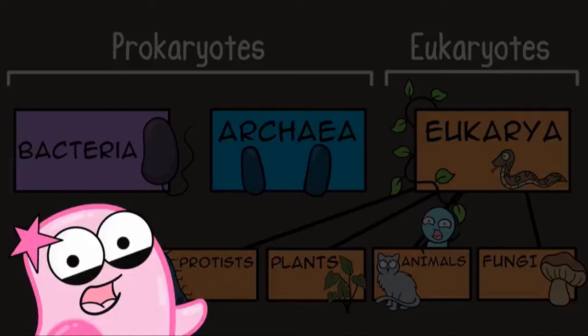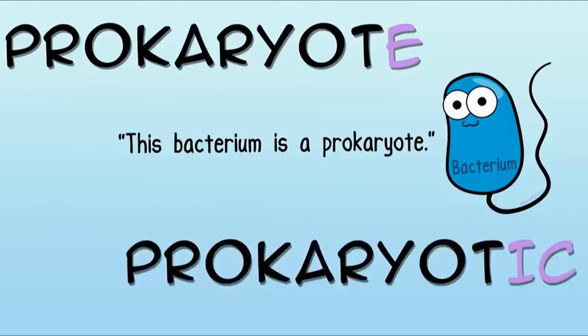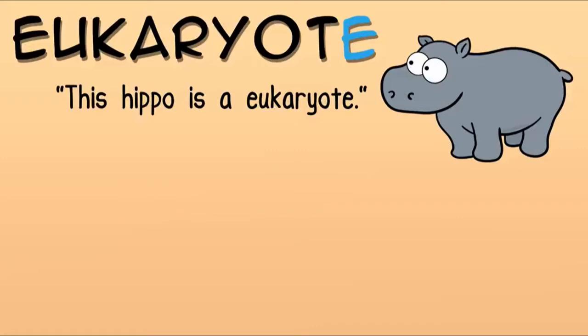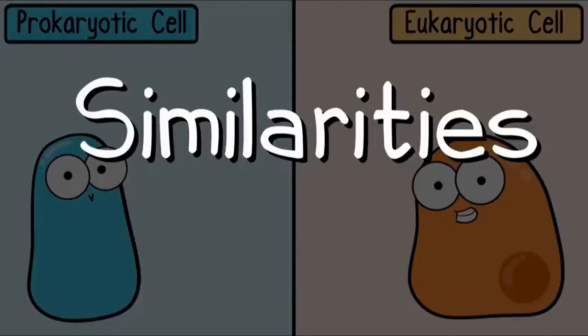By the way, just to clarify, the word prokaryote is typically used to refer to the organism itself. When you are describing its cell, you are describing a prokaryotic cell. Same for eukaryote. Eukaryote typically refers to the organism itself, and when you are describing its cells, those are eukaryotic cells. Prokaryotic cells and eukaryotic cells do have a lot in common.